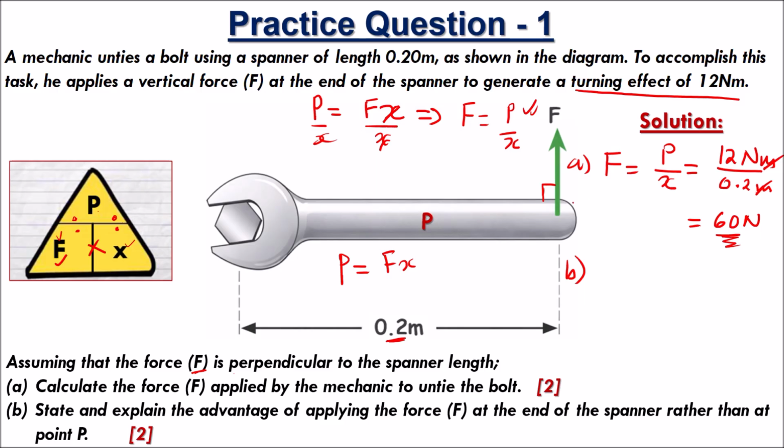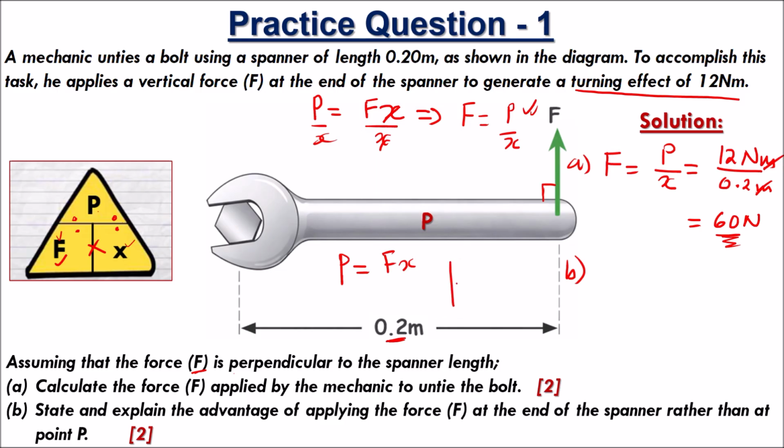So what are the advantages of applying it at a bigger distance? At a bigger distance, there is a bigger turning effect. Therefore, we need a minimum force, we gain a mechanical advantage. A smaller force will be producing a bigger turning effect, so it will be easy to untie the boat.